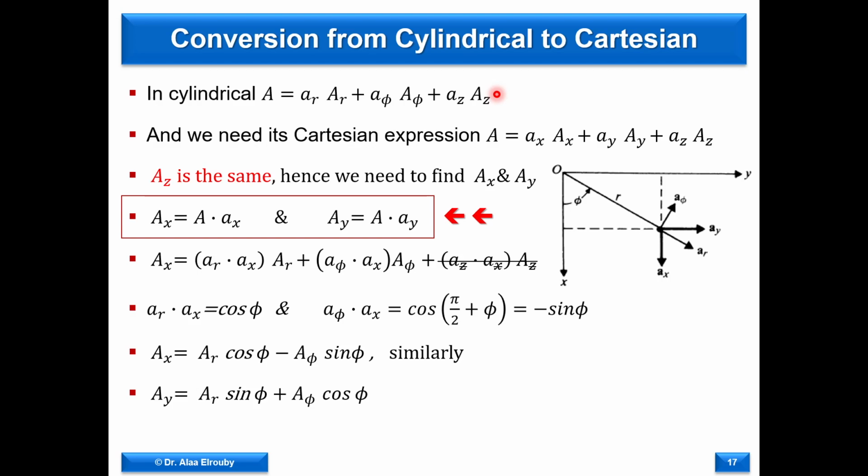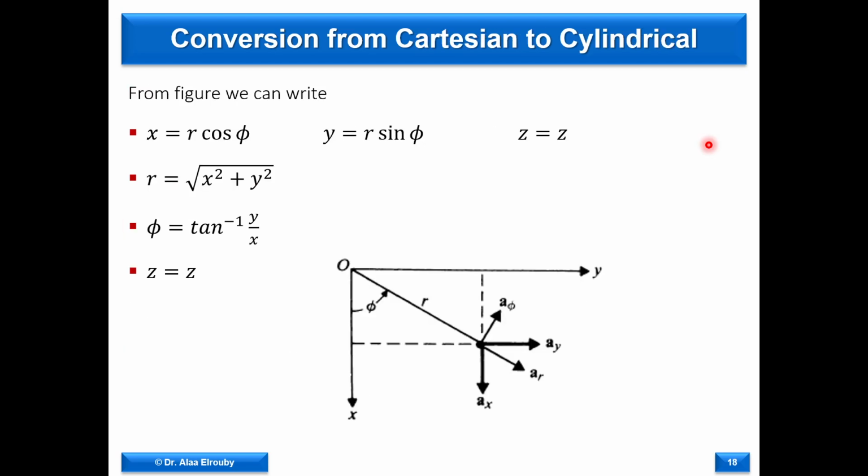There, we are converting the vector A and expressing it as a vector A in the Cartesian coordinate system, so we are behind the calculation of AX, AY, and AZ. So those are two different things. Here we are converting a vector. Here we are converting just the coordinates. So we need to calculate R, phi, and Z.